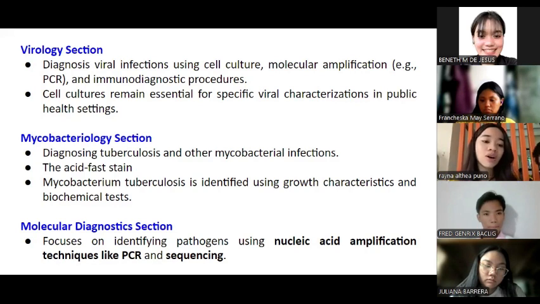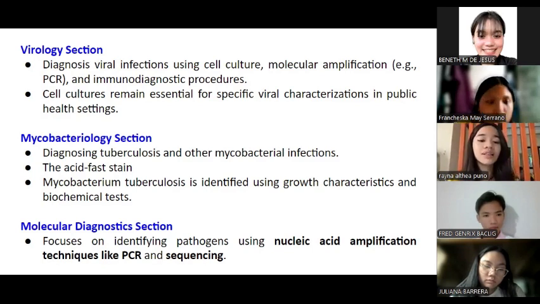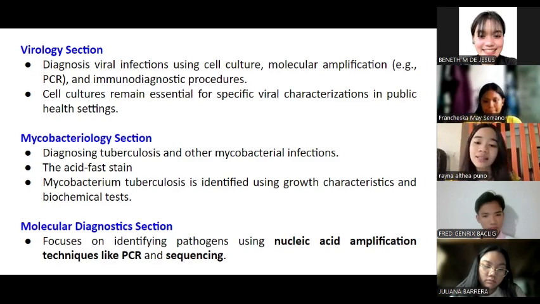Next is the mycobacteriology section, diagnosing tuberculosis and other mycobacterial infections. The acid fast stain, Mycobacterium tuberculosis, is identified using growth characteristics and biochemical tests. The mycobacteriology section focuses on diagnosing infections caused by mycobacteria with an emphasis on tuberculosis.